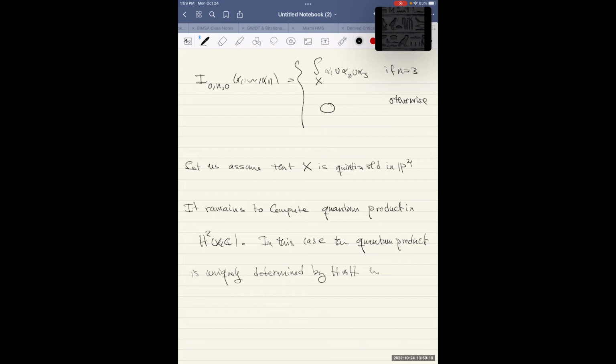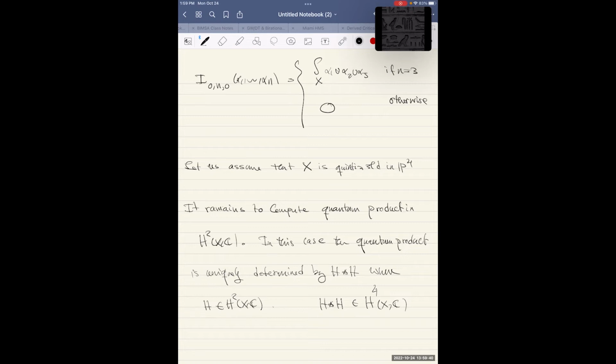Where H is an element of H^2(X, C) as the hyperplane class. So basically, H star H lives inside H^4, in real dimension, of this complexified cohomology of X, right?